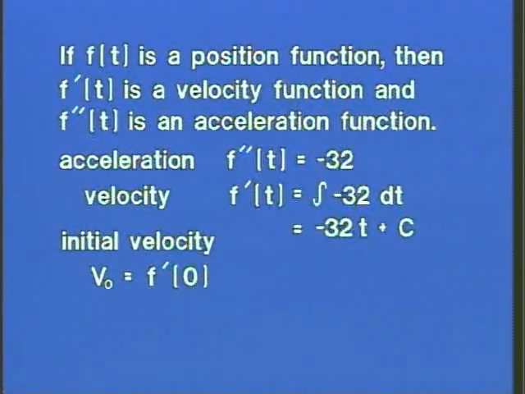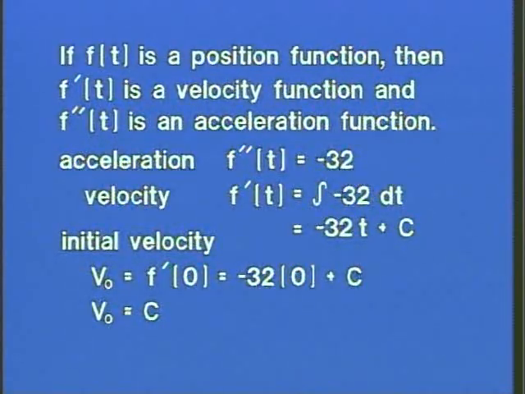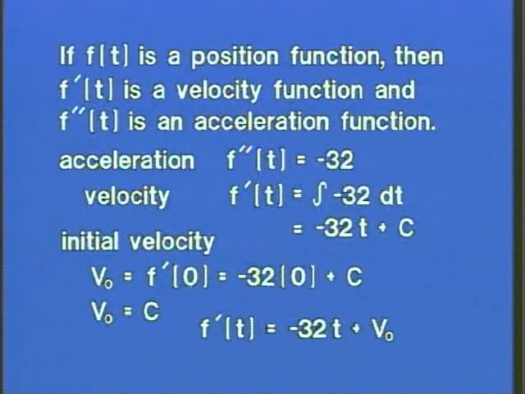Initial velocity means the velocity when no time has elapsed, at the very beginning. So the initial velocity, or v0, is really f prime of 0. It's the velocity function when time is 0. And f prime of 0 means replace that t with 0 and evaluate, and then we find c to be v0. So we can rewrite our velocity function as negative 32t plus v0.